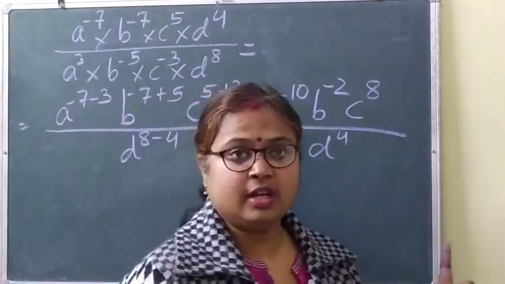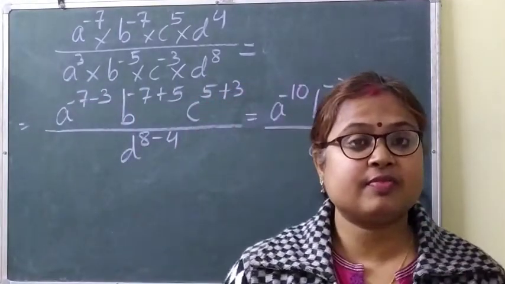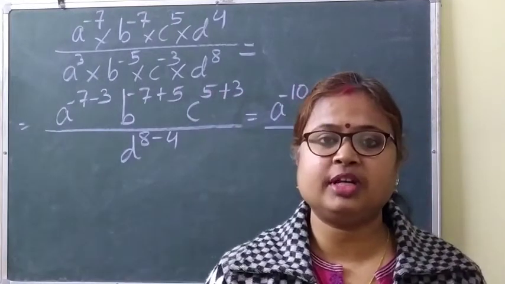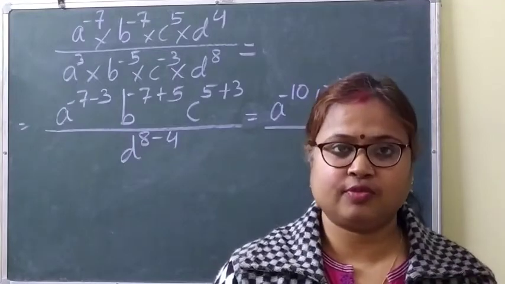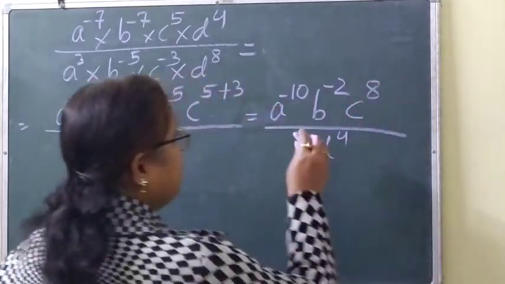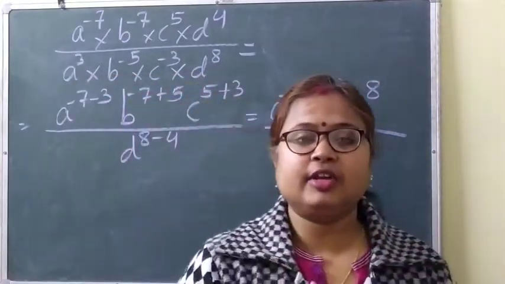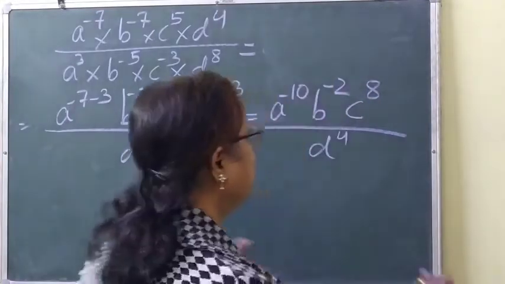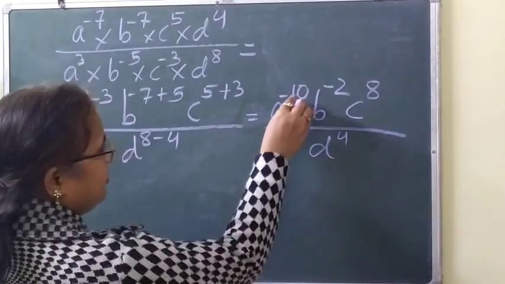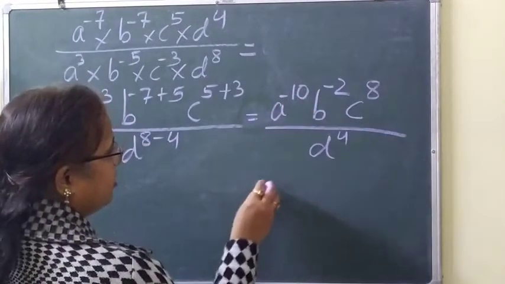This is the first way. Second way: what I discussed when I was discussing the laws of exponent, we should always write the answer in positive form. Clear? Because we can make negative into positive, it is always better to write the answer in positive form. So how can we write here? This will come down and it will become positive.